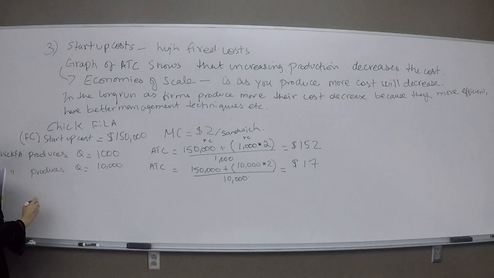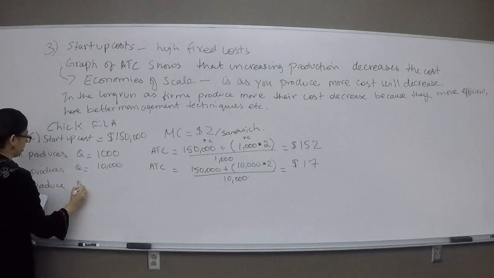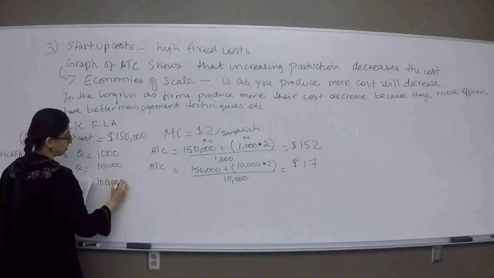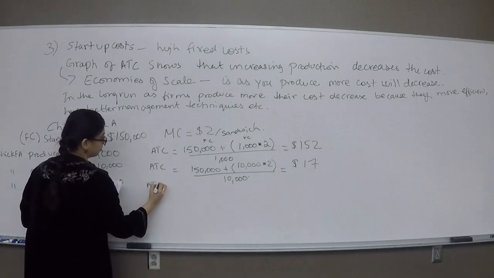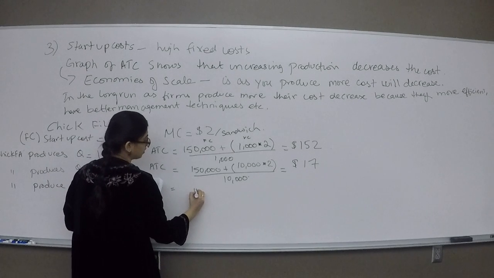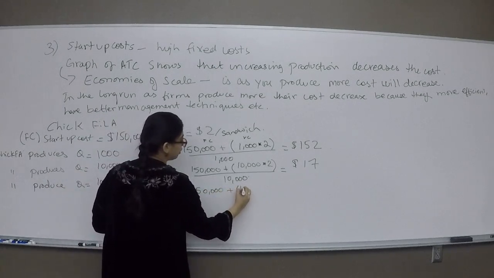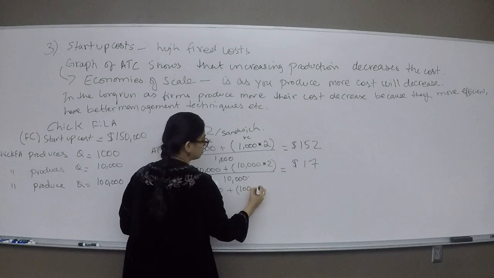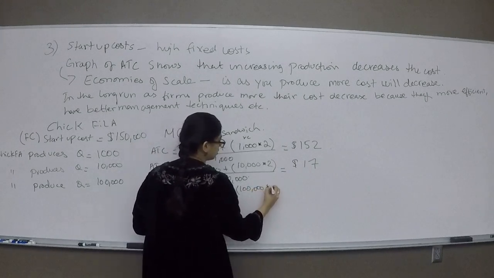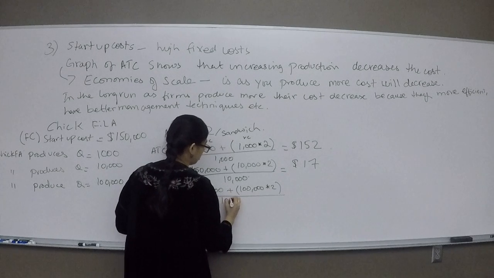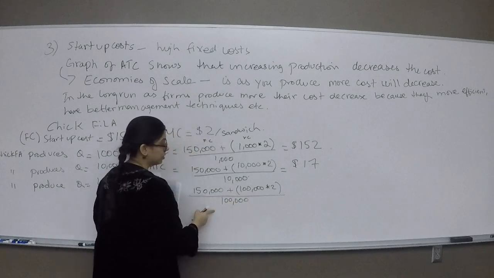Okay. So what about if they produce 100,000 sandwiches? We're going to have the same fixed cost plus 100,000 times 2, divided by 100,000, the quantity of sandwiches, right?